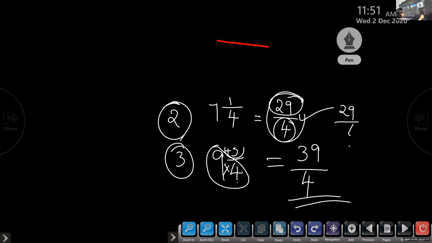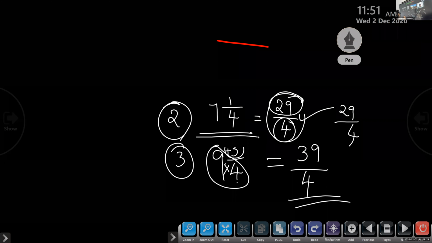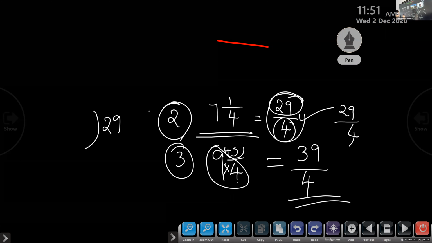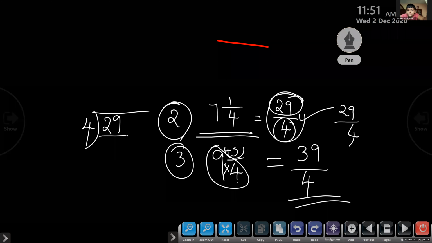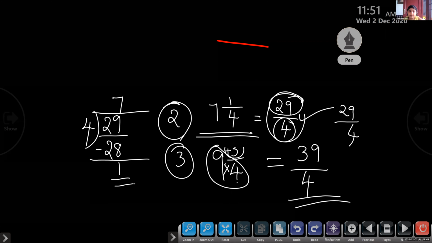Now I want to go back to the mixed fraction again. So what will I do? I will divide it. 29 will be the dividend and 4 is the divisor. Now tell me 29 divided by 4. 7. 7 fours are 28. And the remainder is 1. Now children, listen to me. This 7 is the quotient.